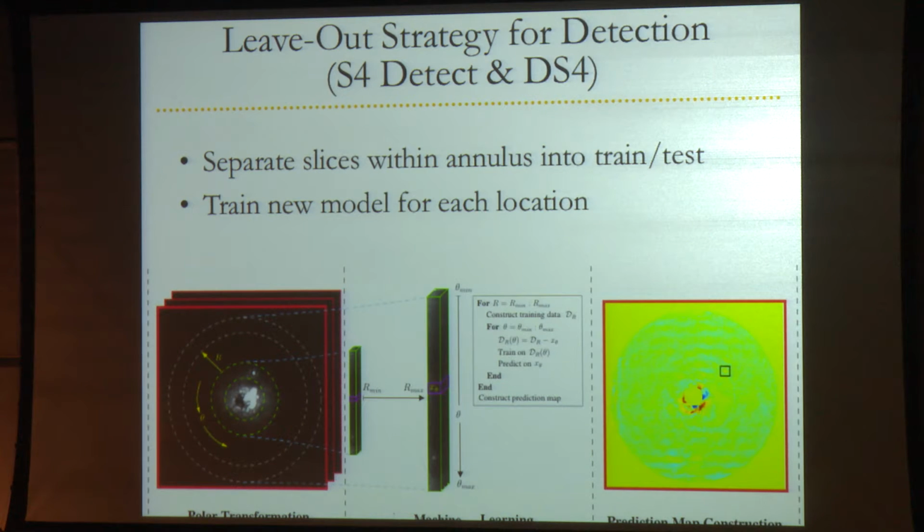So for the detection task, the basic idea is we're going to be taking these annuli from the cubes. So this is the annulus here. One important thing you need to do is make sure that we hold out the region we're going to probe from our training set. So we're going to fit the generative or discriminative model, leaving out from the training data the region we're interested in detecting.